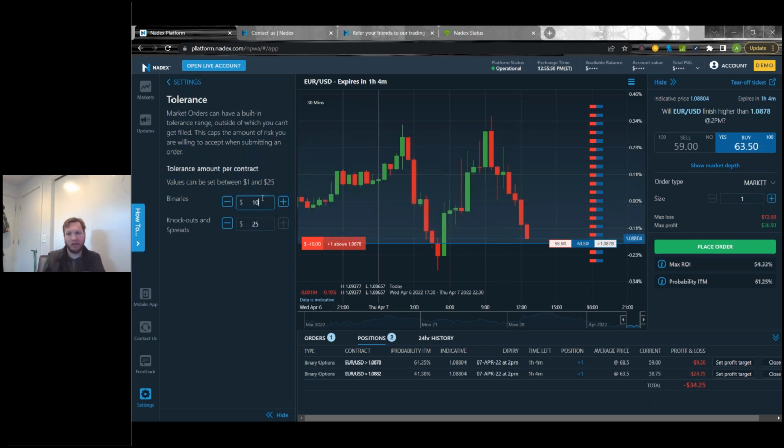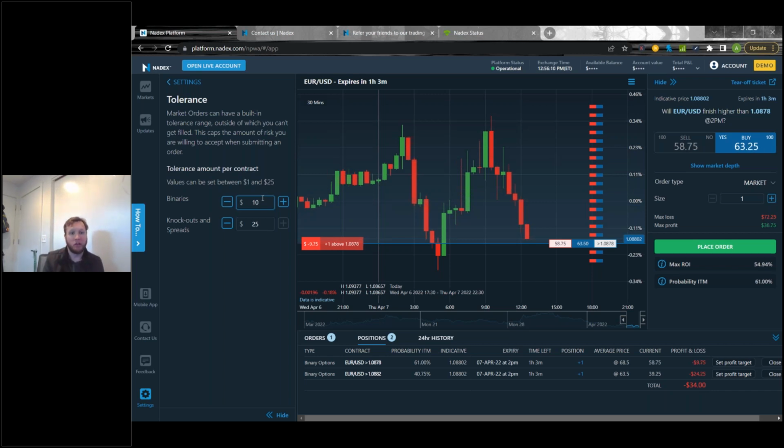Very, very basically, I'll give a very quick rundown of what this is. When you place a market order into the exchange, especially binary options can move so fast, and especially something like a 5-minute binary, because it's so compressed, the prices can move very quickly up and down.